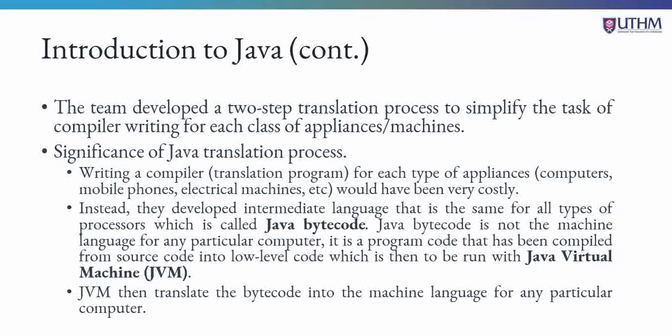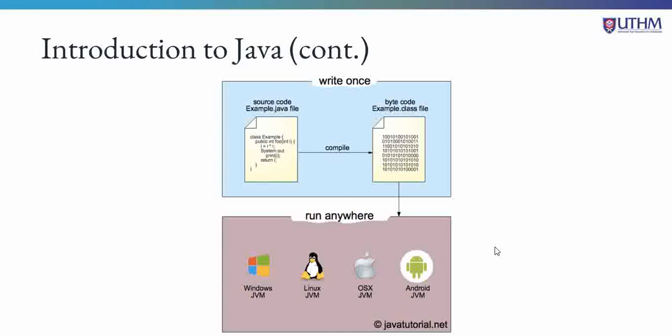So this hello.class later on will be run by the JVM in order to produce the output, hello there, welcome to Java. The JVM then translates the bytecode into machine language for any particular computer. In order for you to understand better what the JVM is, in this figure, let's say we have a source code.